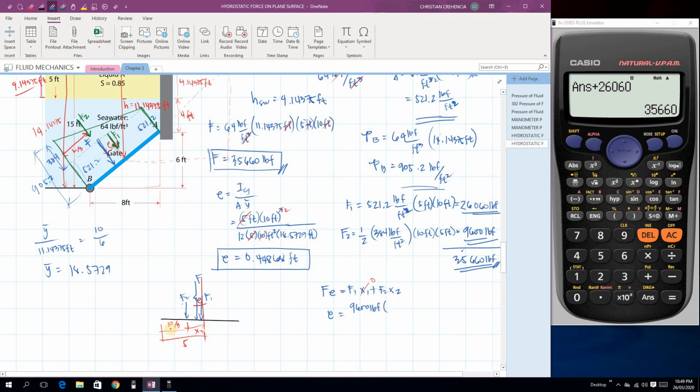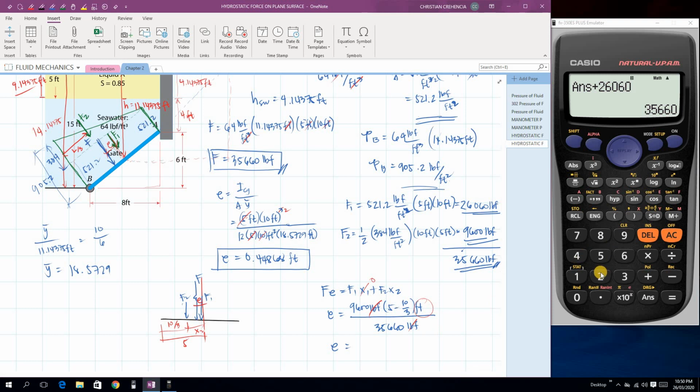Yung x2 is 5 minus 10 over 3. So, unit natin dito is feet. Then over yung force natin, yung total force na 35,660 pound force. So, cancel lang yung pound force. Okay. So, ang distance is in terms of feet. Okay.